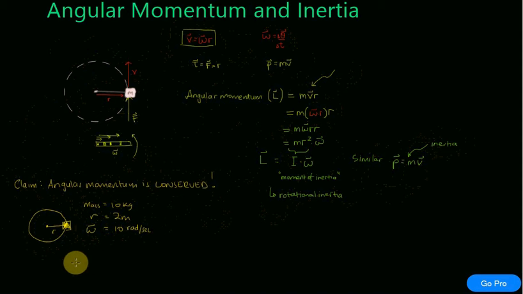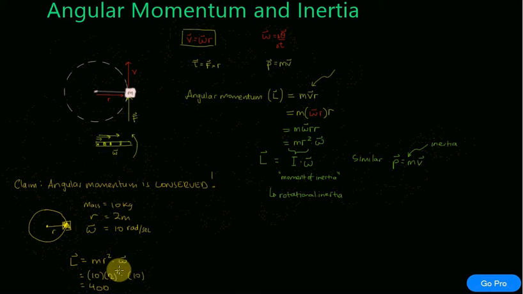Therefore its angular momentum is going to be equal to mr squared times angular velocity. So I can just plug in my values: the mass is 10, the radius is 2 squared, times 10. So 10 times 10 is 100, 2 squared is 4, so I'm sitting with an angular momentum of 400.